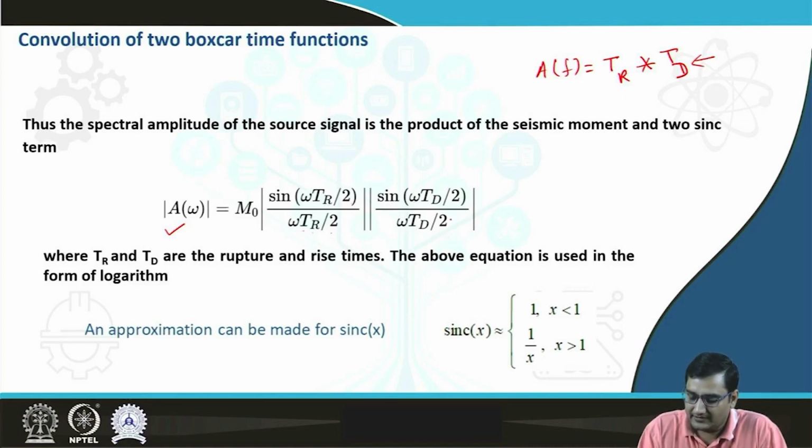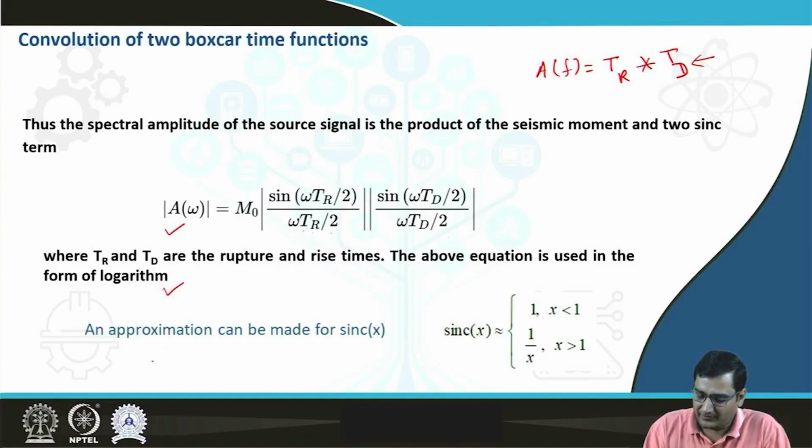So basically A omega is just the multiplication of TR and TD in the frequency domain. TR and TD are the rise time and the rupture time, and the above equation is used in the form of logarithm, so you can take the logarithm of both sides.